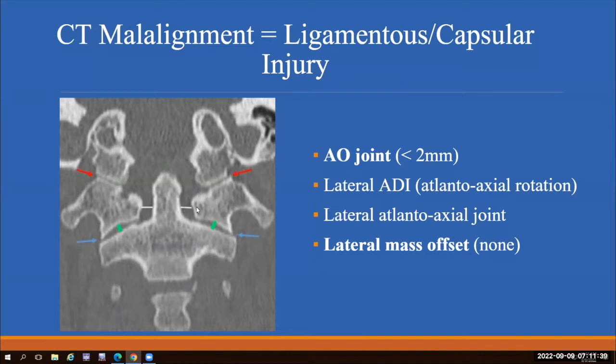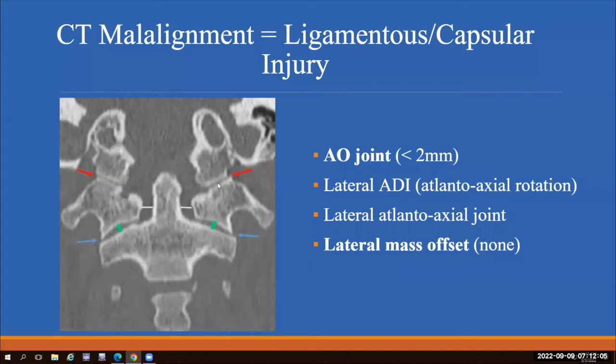The white line here is measuring the lateral atlanto-dens interval. So it's the space between the dens and the lateral mass of C1. And in a patient who's not rotating their head, these are generally going to be congruent and about the same distance. You have the lateral atlanto-axial joint spaces between the lateral mass of C1 and C2 body on both sides. And then the blue arrows are showing the lateral mass offset.